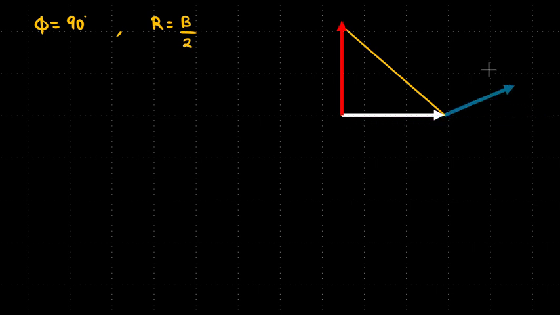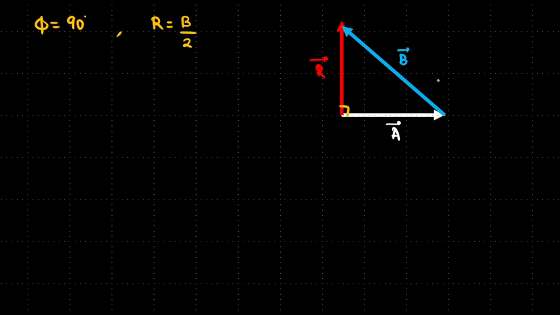The figure is not to scale, obviously. So let's say this is vector E, then this must be vector R, or the resultant, and this must be vector B. So the blue one must be vector B.